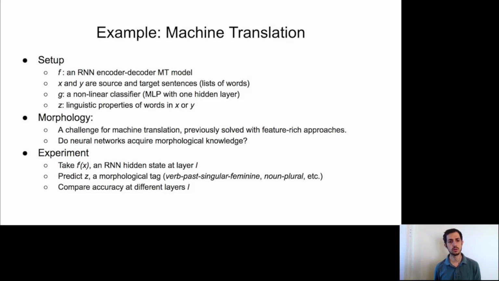So our experiment will be to take f_L of x, an RNN hidden state at layer L, and we'll predict some Z, which will be a complex morphological tag. For instance, we might predict that this word is a verb, past tense, singular, feminine. Or we might predict that this is a plural noun. And we'll compare the accuracy of our classifier predicting these tags at different layers.